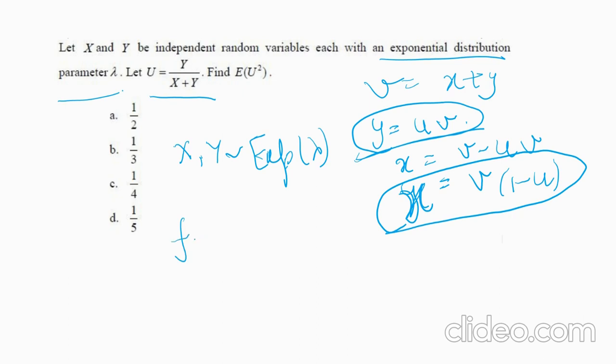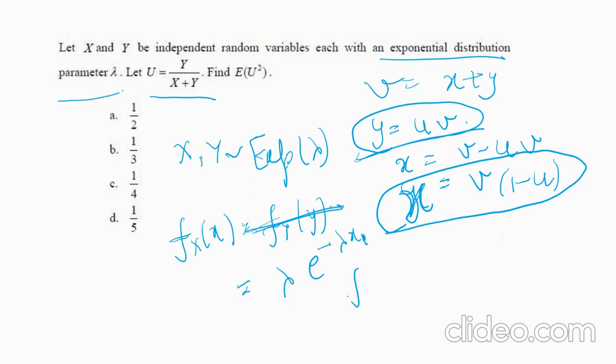So f_X(x) is equal to lambda e to the power minus lambda x, and f_Y(y) will be equal to lambda e to the power minus lambda y.